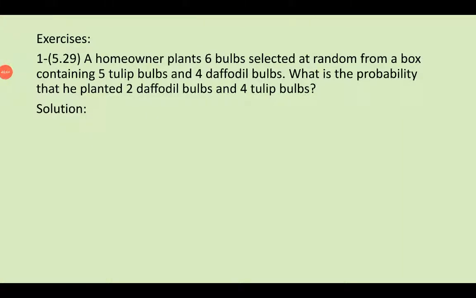Okay, now the first exercise is coming up, and remember the formula for probability of X equal to small x. What is it? K C x times N minus K C small n minus x.